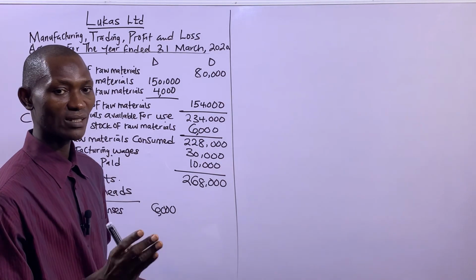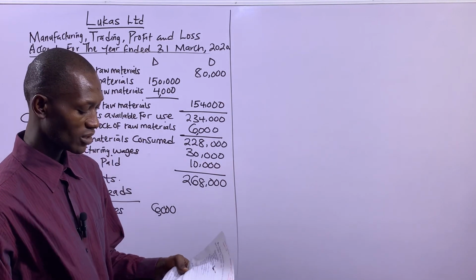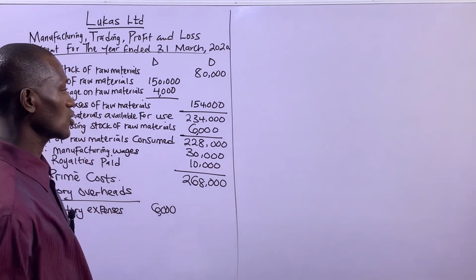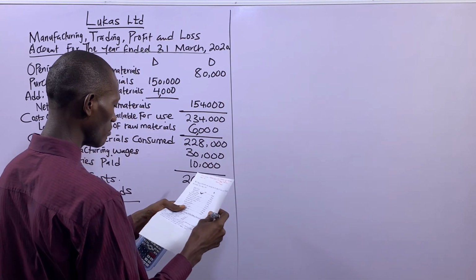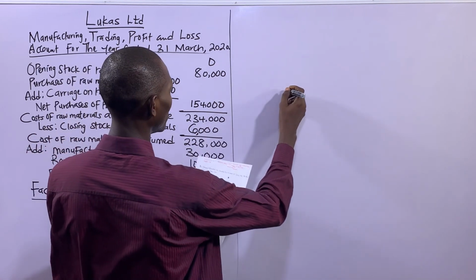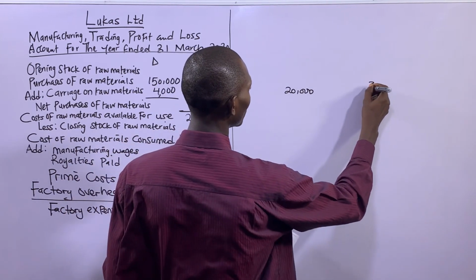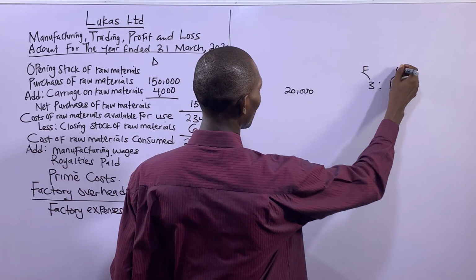So 3 parts of that salary will go to factory, that's factory salary, and 3 parts of the rent and rates will go to factory rent and rates. The amount given as salary is 20,000, in the ratio 3 to 1. So 3 is for factory, 1 is for office.